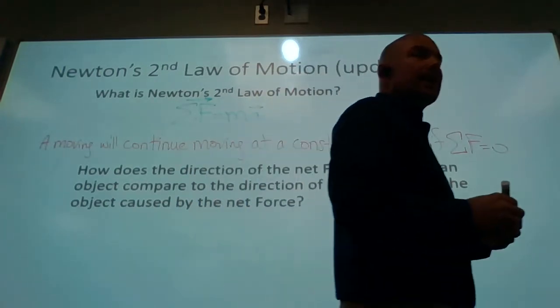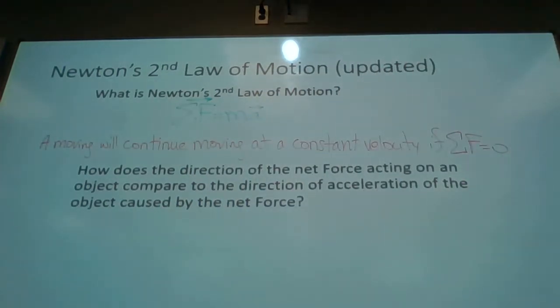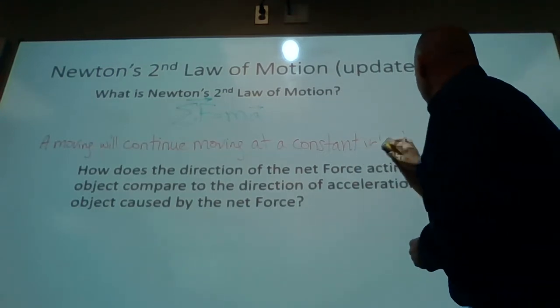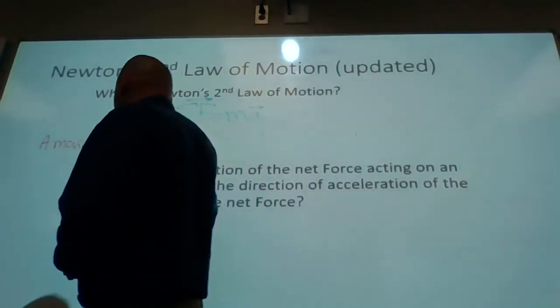After everything's said and done, whatever is left over, the direction of the total force is the direction of acceleration. Good with that? All right. You got some background information. Let's use it.